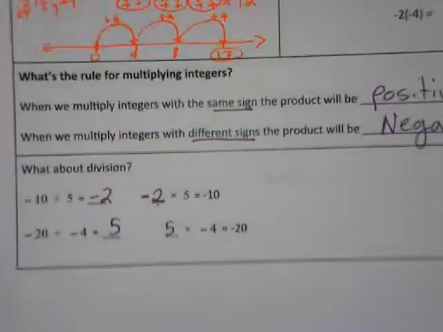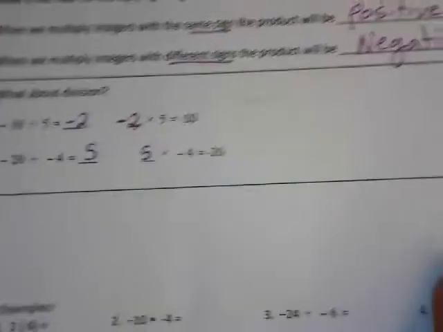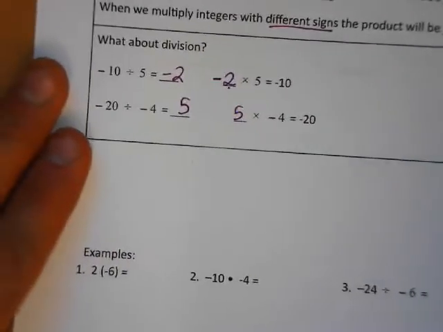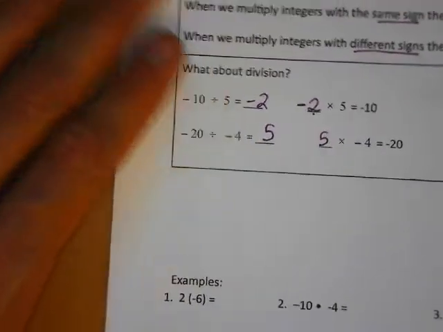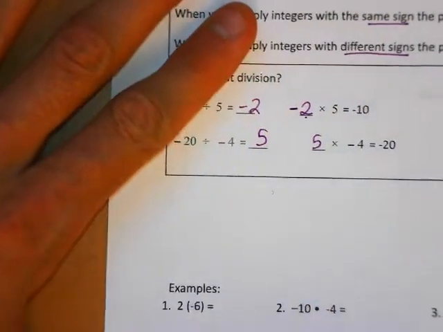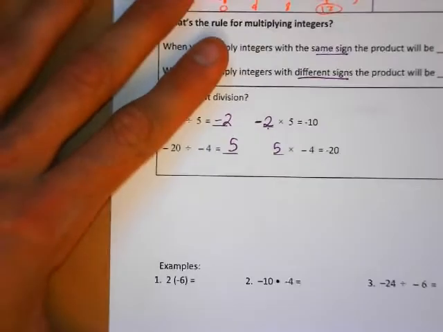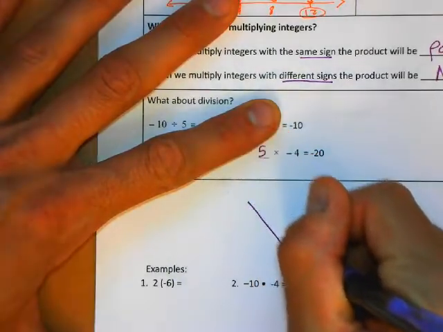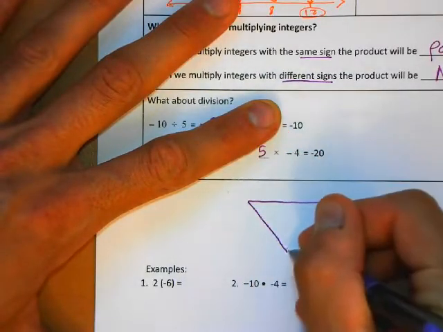Okay, before we do some examples together, I want to show you something super cute, because I know that's what you want to see right now. This super cute dog we're going to draw is going to help you remember what to do with the sign. So draw this with me. I want you to draw a triangle upside down.